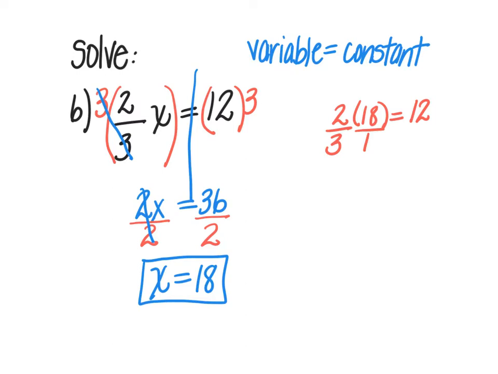So 2 times 18 is 36, and 3 times 1 is 3. So 36 over 3 is equal to 12. And 36 divided by 3 simplifies to 12 on the left is equal to 12 on the right. Because I got a true statement, one side equals the other side, that tells me that my solution works.